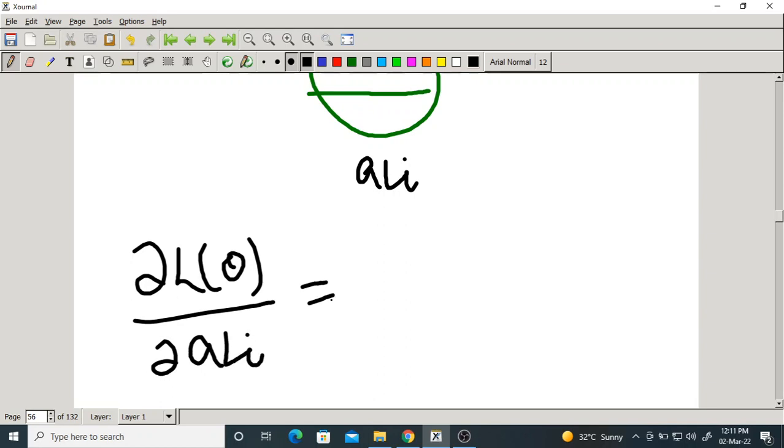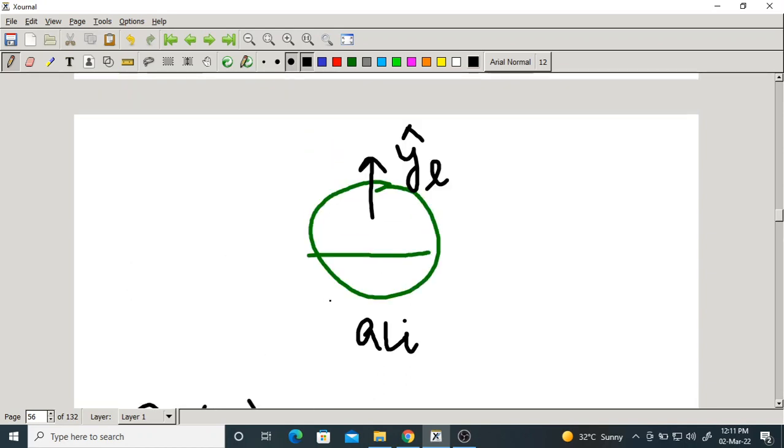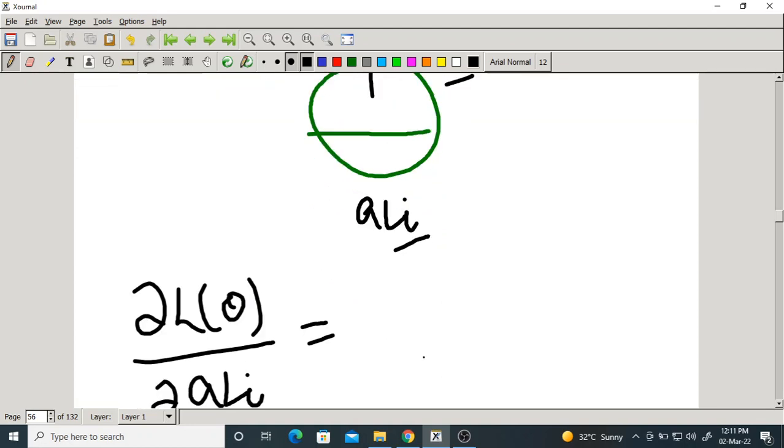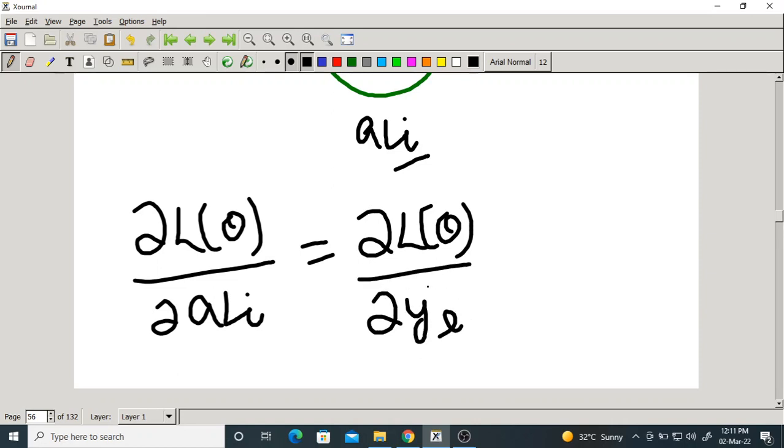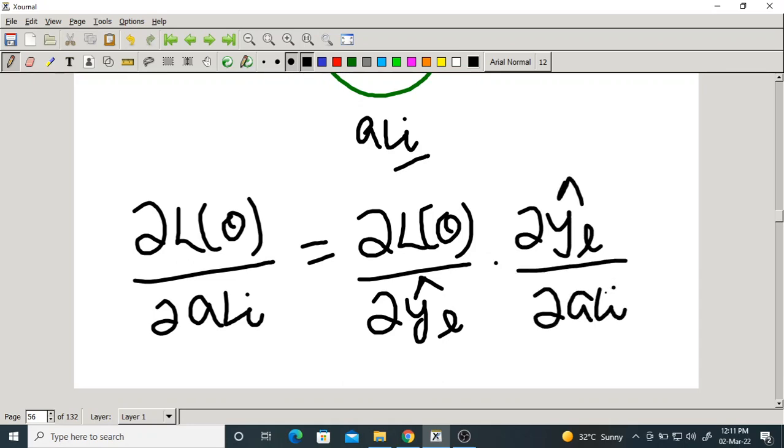How to find this? First find L(θ) with respect to YL hat, and YL hat with respect to ALI. That is chain rule, right? So ∂L(θ)/∂YL hat and ∂YL hat/∂ALI.